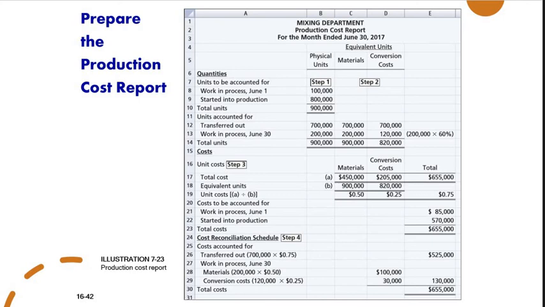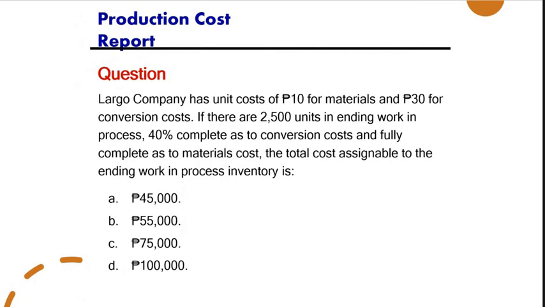Let's have a question here. Okay, so for example, Largo has a 10 pesos for materials and 30 for the conversion cost. If there are 2,500 units in ending work in process, 40% complete as to conversion costs and fully complete as to material costs. The total cost assignable to the ending working process inventory is how much?